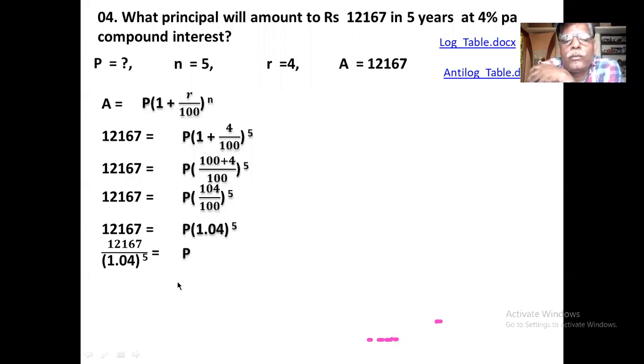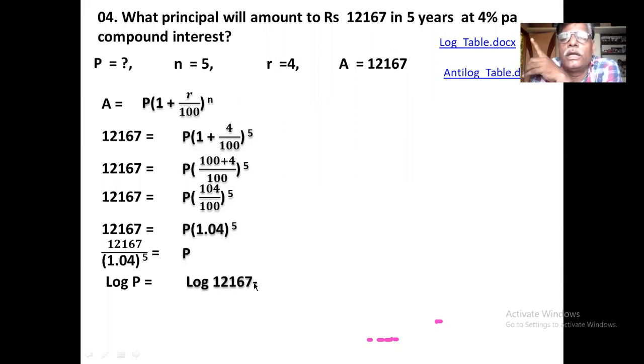So next you apply the logarithm. This is the last step. For this you apply the log. So log P is equal to log 12,167, and it is a division, therefore the sign is minus.